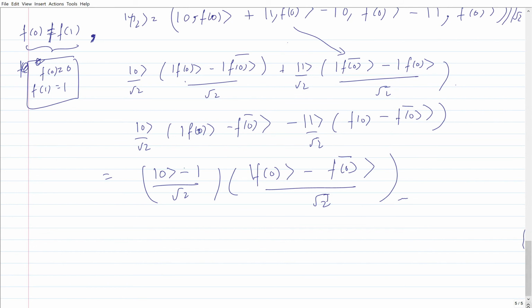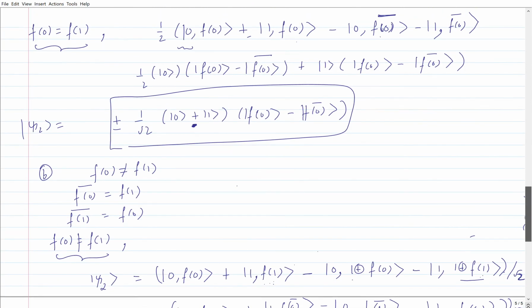So notice now I am getting a minus sign on the upper qubit. So that's the beauty of it. Just stare at the upper qubit. I get this state when the function was balanced, and I got this state when the function was a constant. And these are orthogonal states.